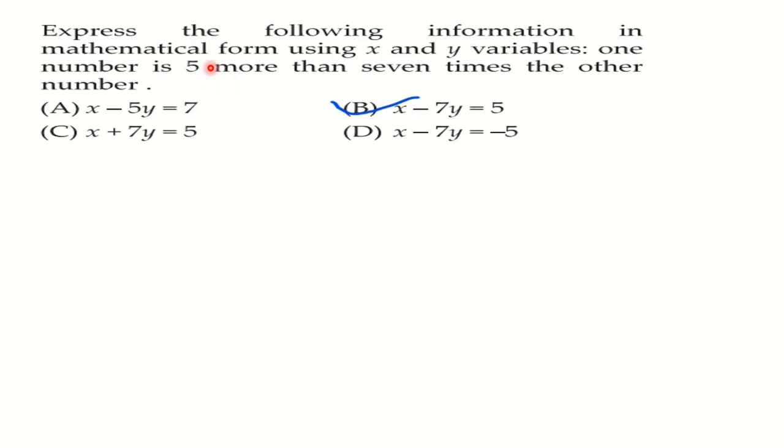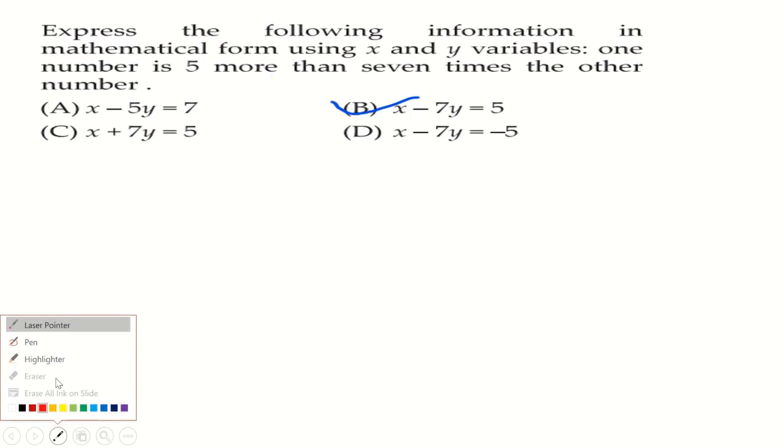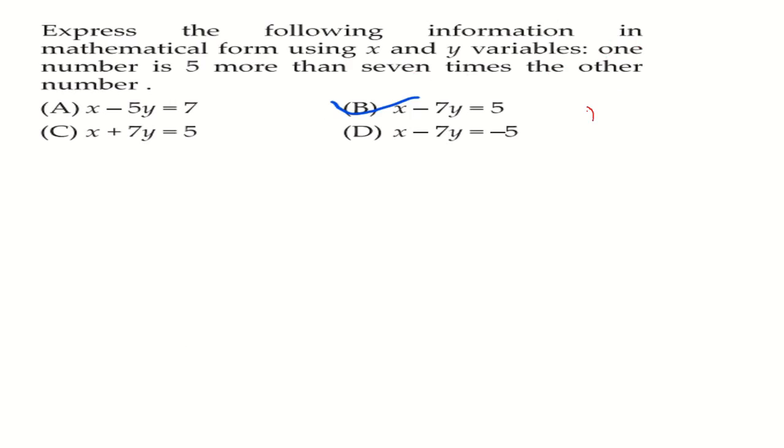See, 5 more. Or if you want, I told you, you can write it as, see, I am taking a pen here and I am writing. So how can I write one number here? One number means what? I will write that as x. Then I told you that 'is' stands for equal to.